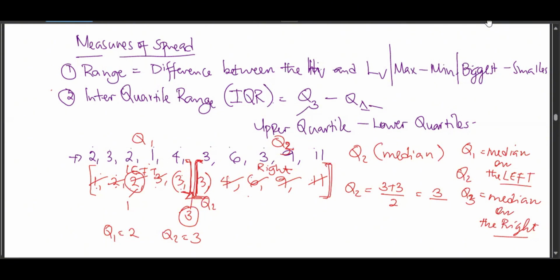Since there are 5 numbers, this one will be the middle number. So our Q3 is 6. If they ask for the interquartile range, we do Q3 minus Q1: 6 minus 2, so the value becomes 4.